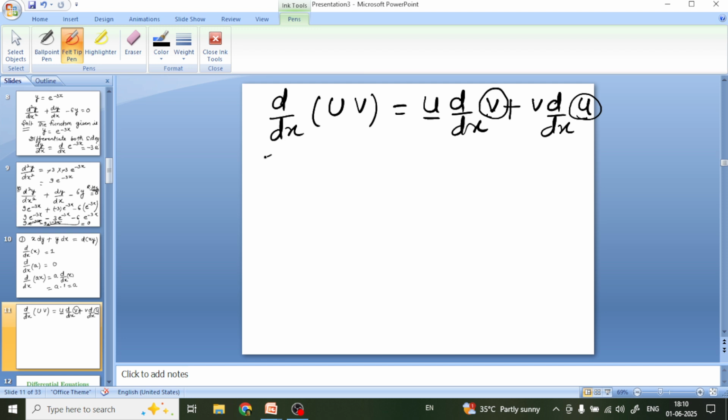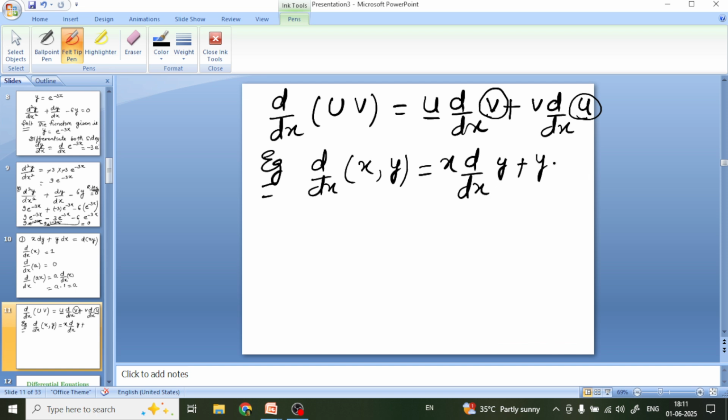For example, I am taking an example. You have to find the derivative of xy. Then you will write like this: x times the derivative of y plus y times the derivative of x. Here, where you have written y, there will be written dy over dx, because y's derivative will be 1, but you have to write dy over dx.